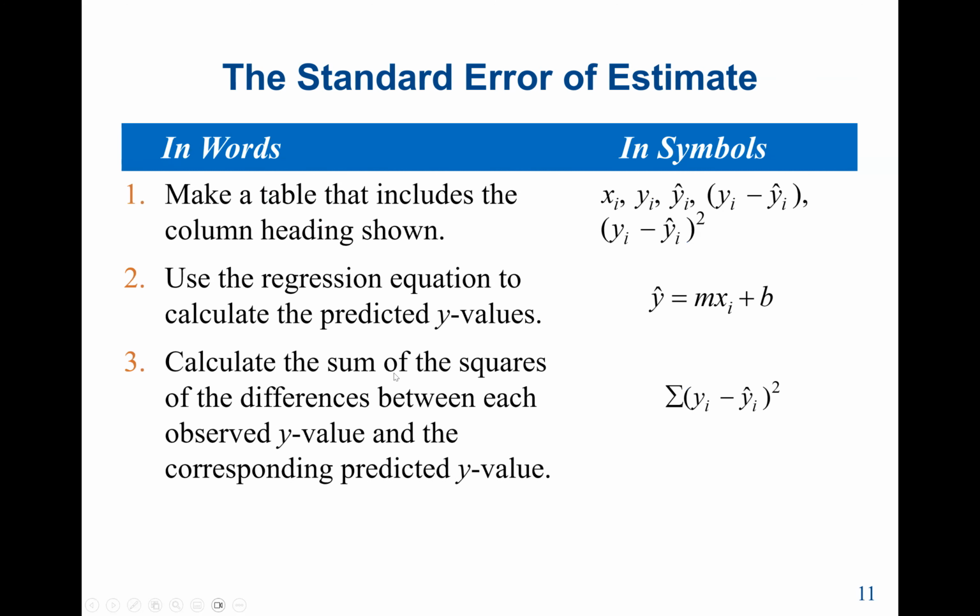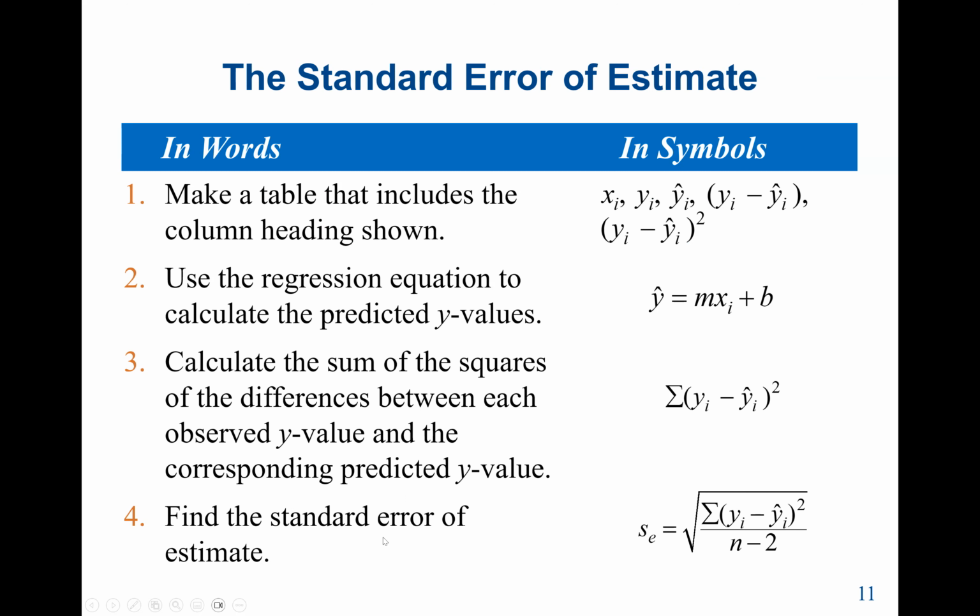After that, we calculate the sum of the squares of the differences between each observed Y value and the corresponding predicted Y, which is the sum of Y i minus Y hat i, squared. Then next, we can find the standard error of estimate, which is the square root of the sum of the squared differences of the Y values and the predicted Y values, divided by N minus 2.